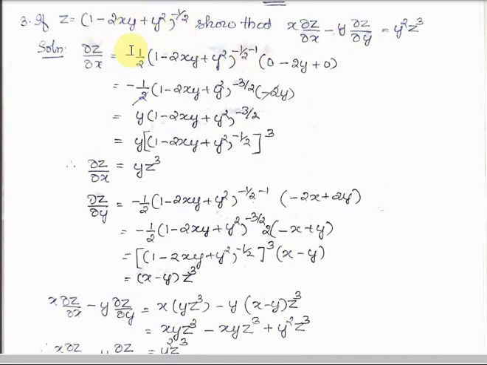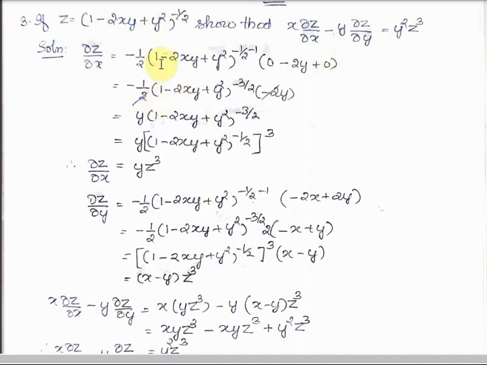So that is minus half into (1 minus 2xy plus y square) to the power of minus half minus 1 into differentiation of the inner term with respect to x. 1 is going to be 0 minus, as it is, y is kept constant, 2y is constant into differentiation of x is 1. y square is entirely a constant, therefore the differentiation is going to be 0.